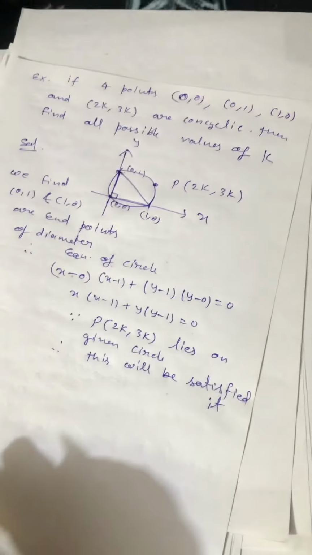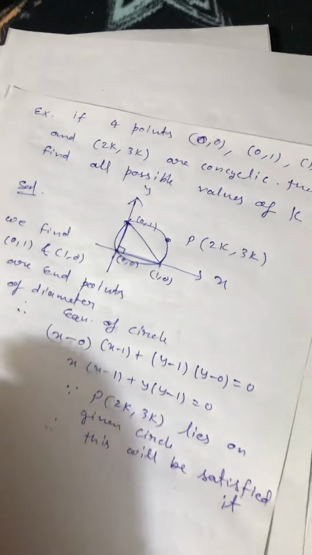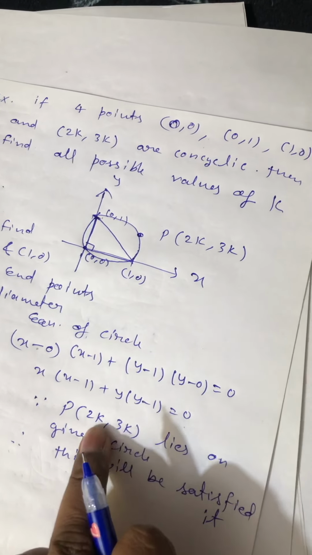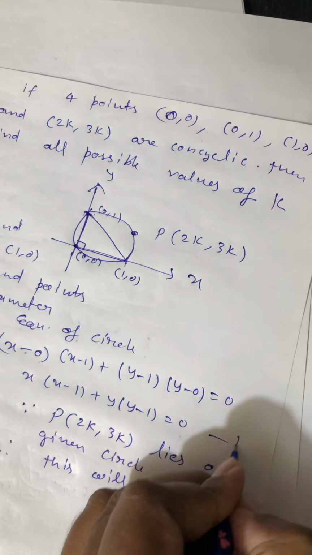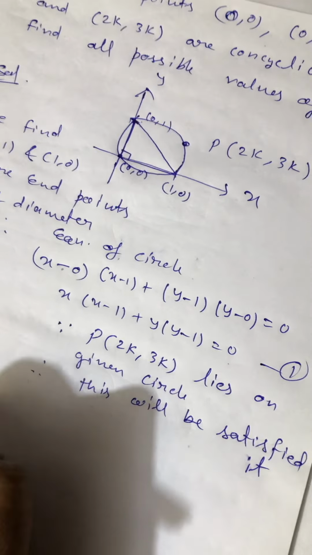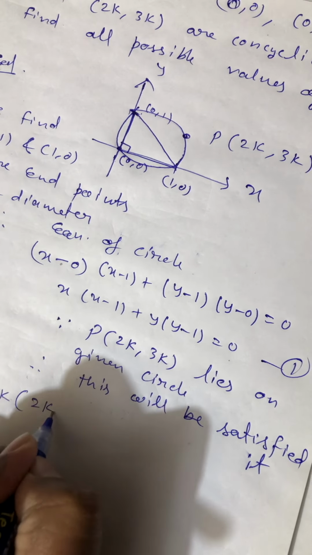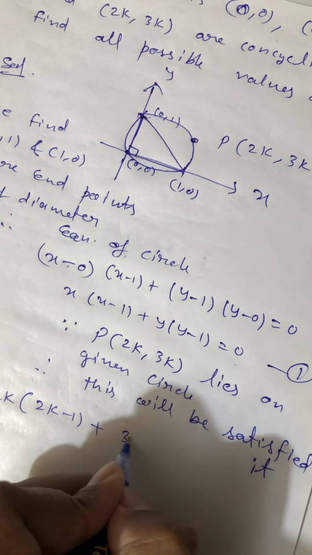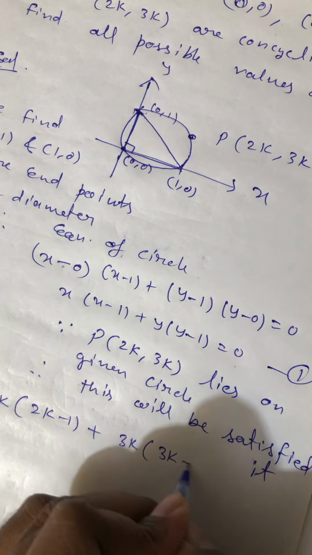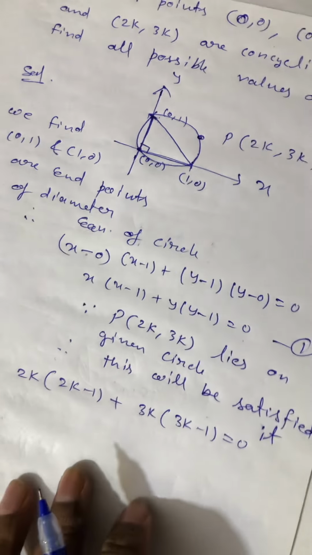So if I put the x coordinate 2k and the y coordinate 3k in the equation, then I will have 2k(2k minus 1) plus 3k(3k minus 1) is equal to 0.